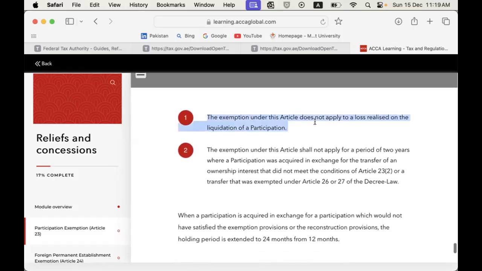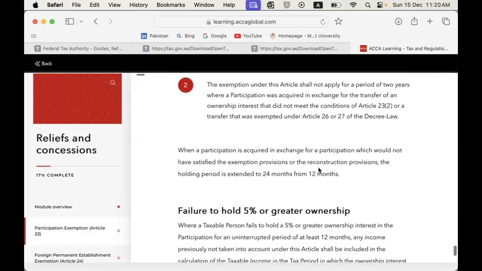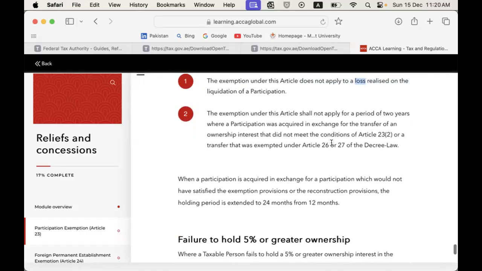That's a very interesting point if you really think about it. Exemption under this article does not apply to a loss. Why would a loss be exempt, or how would the loss be treated in the context of exemption realized on the liquidation of a participation? Can somebody say this?